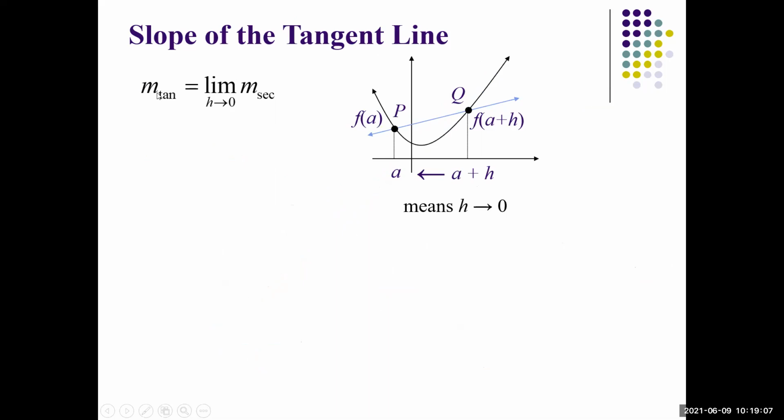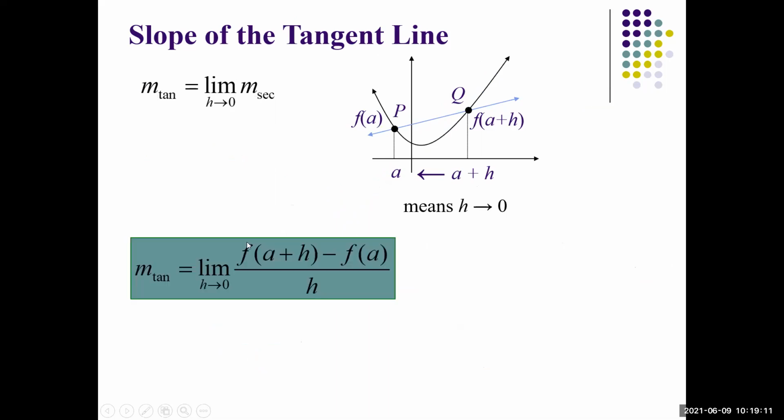Then the formula for the slope of the tangent line is the limit of f of a plus h minus f of a over h, where h approaches 0. That gives us the slope of the tangent line.